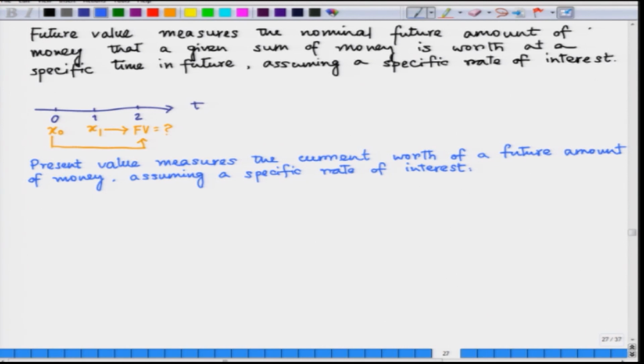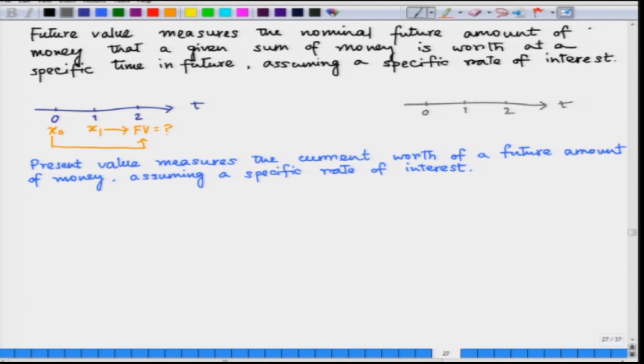Having spelled out the definition of present value, now let us look at a graph to understand the concept better. So, again we are going to draw a timeline, this horizontal line measures time, and let us again assume 3 different time periods 0, 1 and 2.